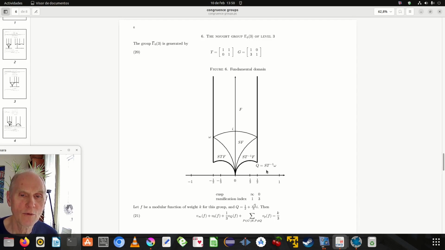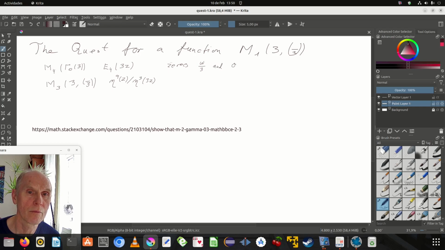And then this is a 0, of course, because E4 is invariant under S and T, so it has two zeros. This one has 1 0 at naught. So no division is possible here. It won't give a form, it will give a modular function. So that idea didn't work out.